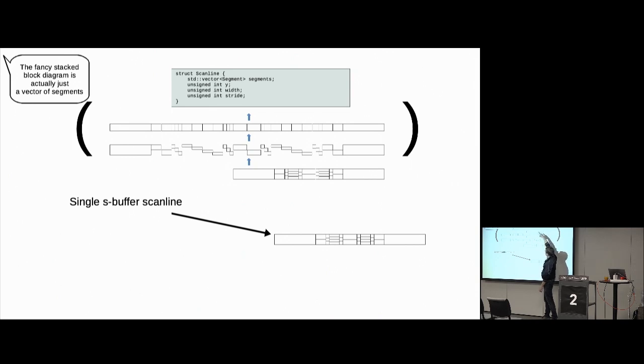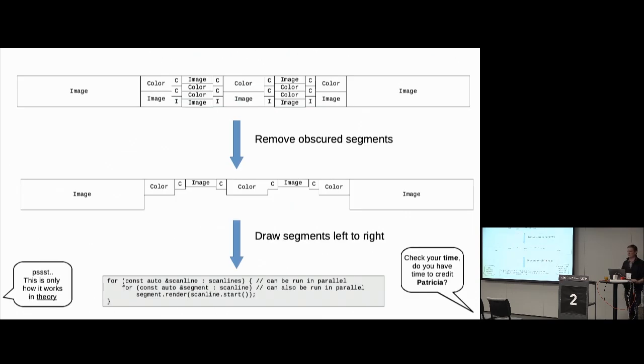That again can be represented as a vector of segments, where the scan line itself knows its y, meaning its vertical offset, and its width and the stride of the frame buffer it's rendering to, and each of the segments needs to contain the colors and all that. So I'm losing some of you, but it'll all be over soon.